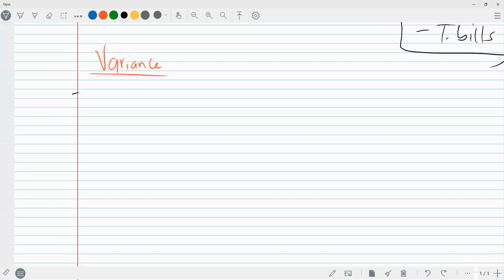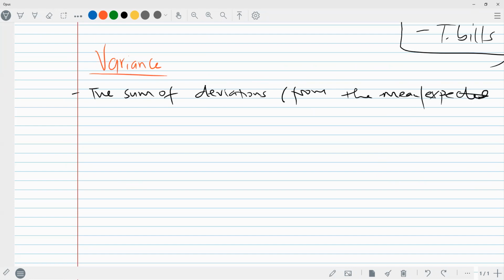Variance is defined as the sum of deviation, of course, from the mean or the expected returns, squared. That's what defines mathematical variance.